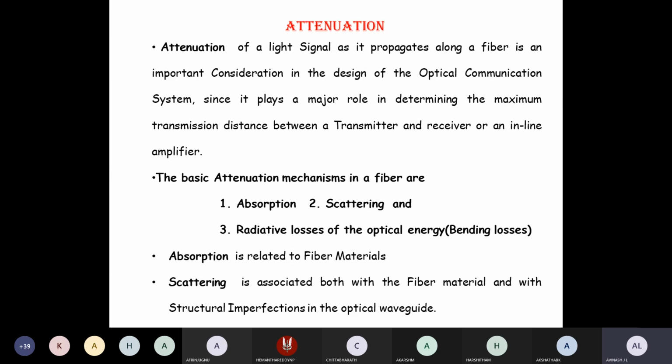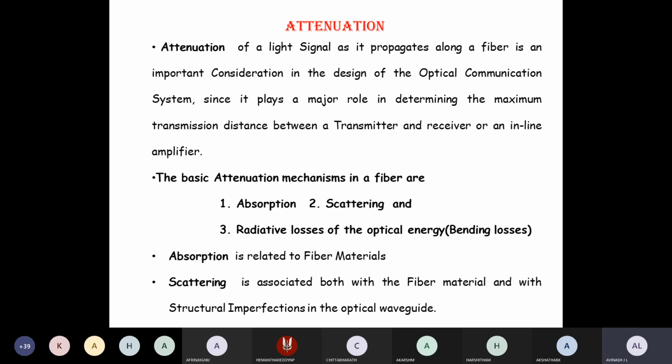So when you see the second part, you can see that scattering losses. This particular scattering is associated both with the fiber material and with structural imperfections in the optical waveguide.